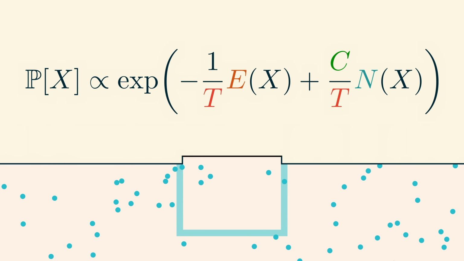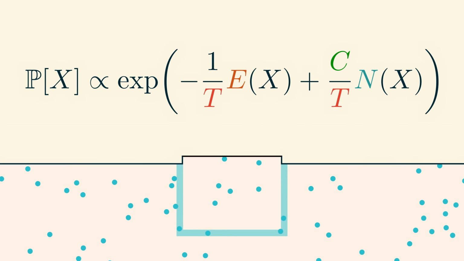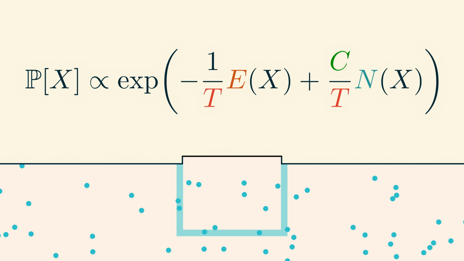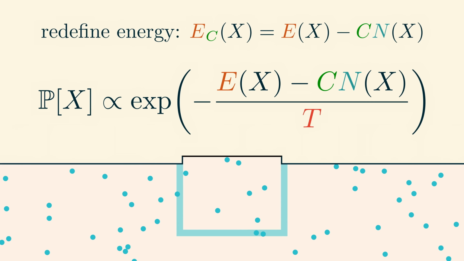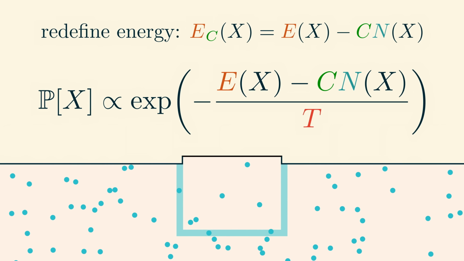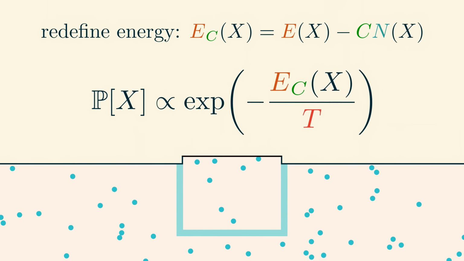This means that when the chemical potential is positive, microstates with more molecules are favored, and vice versa. Another way to think about this is that we're redefining the energy function like this, so that it depends on the chemical potential and the molecule number as well. This way, we still have the same Boltzmann formula as before.